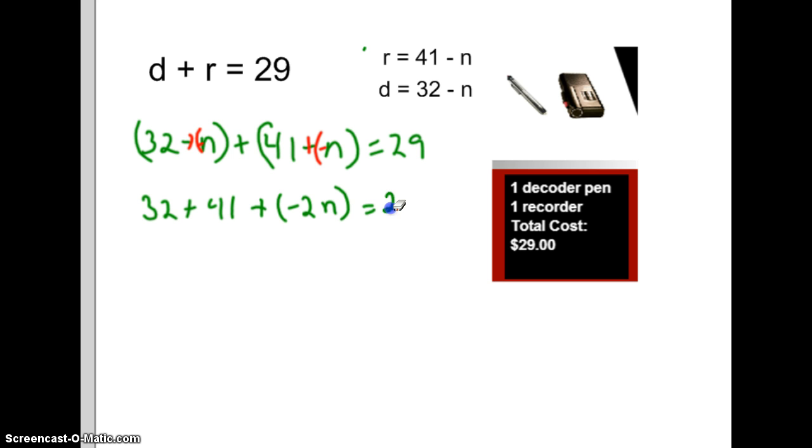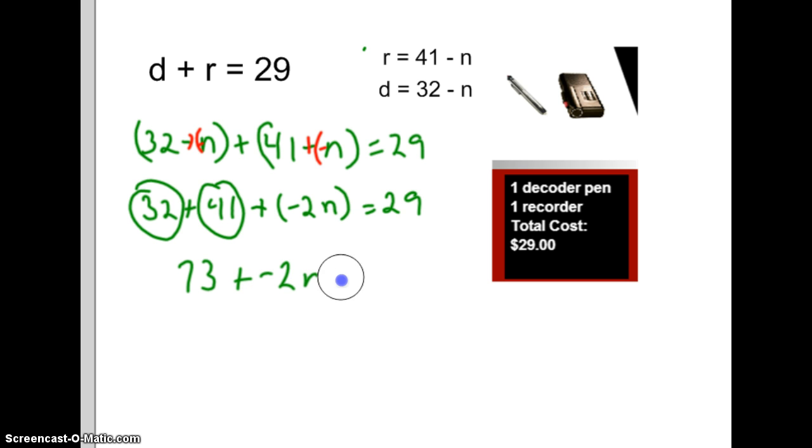that will equal $29. If we combine like terms of 32 and 41, we will get 73 plus a negative 2N equals 29.